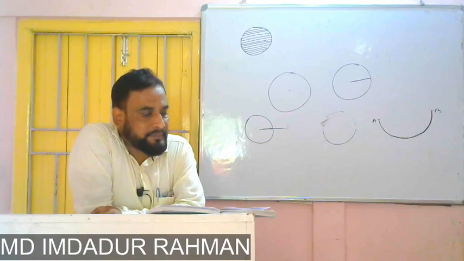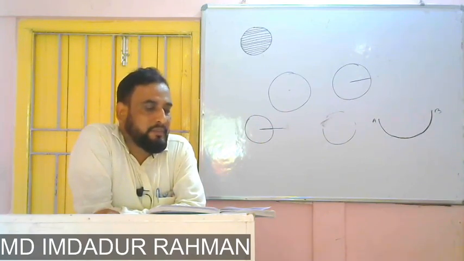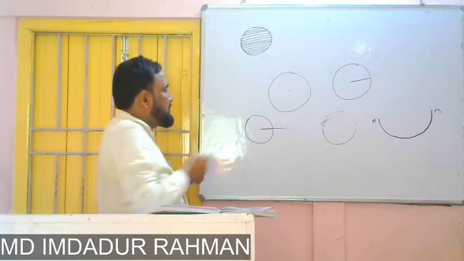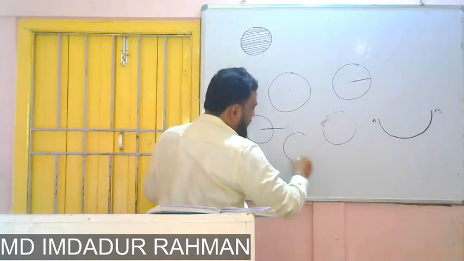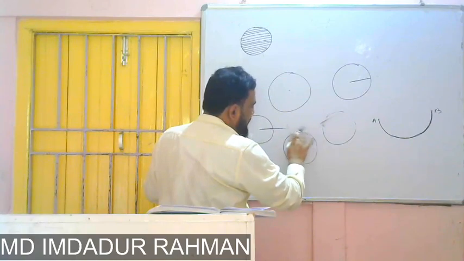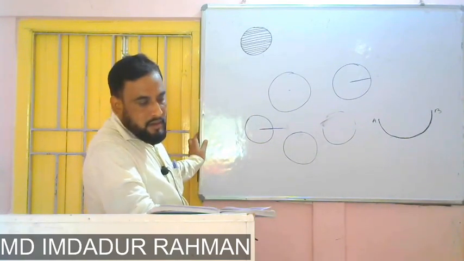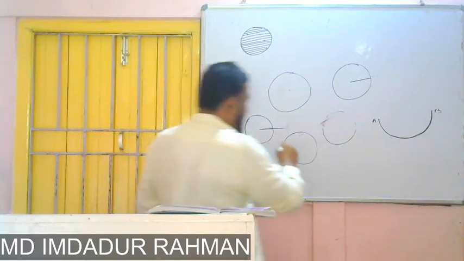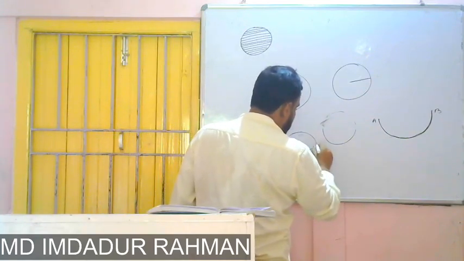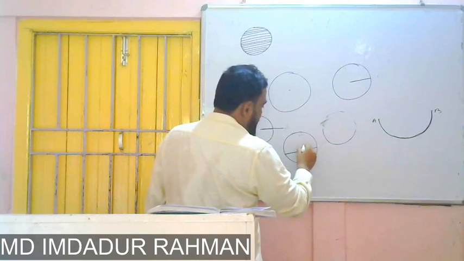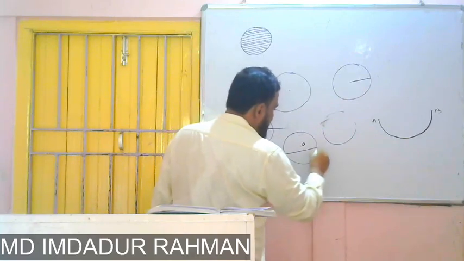Next question. Segment of a circle is the region between an arc and dash of the circle. Just I discussed, segment of the circle is the region between an arc and the chord of the circle.